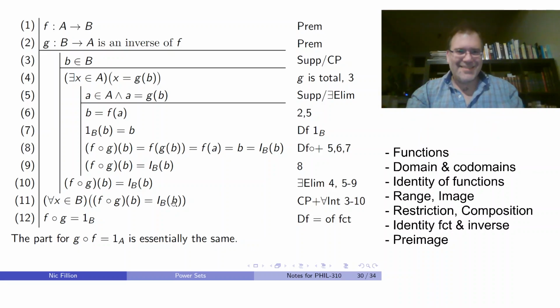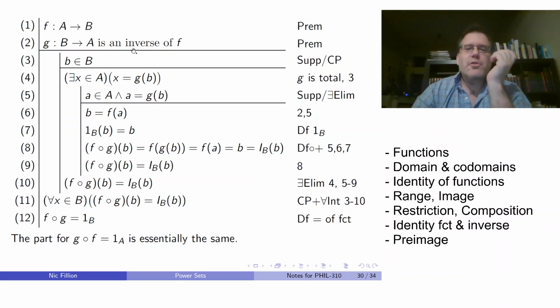It should be x. All right. So here what we're going to suppose is that for some arbitrary element of the domain, it will follow on line 10 that our identity holds. And since it holds for this arbitrary element, that means it's going to hold for everything. All right? Good.